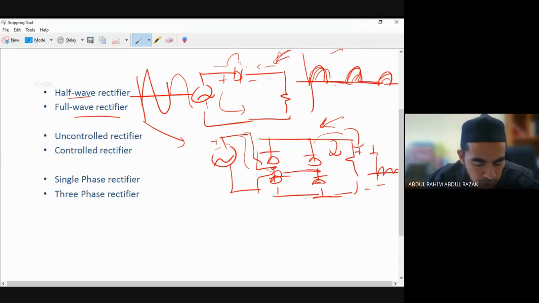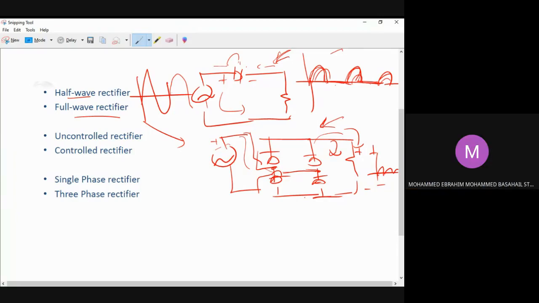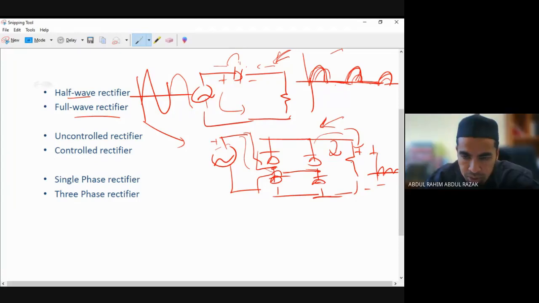The signal can never be like this if you put the diode parallel with the load. This one we call a clipper. This one is a rectifier. Maybe in some books it is called a clipper.